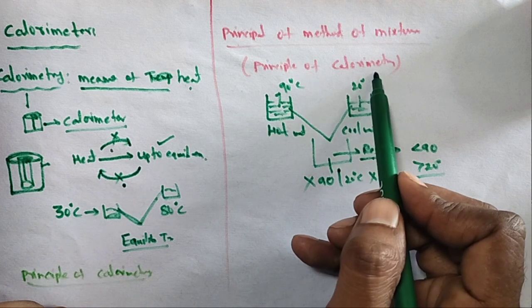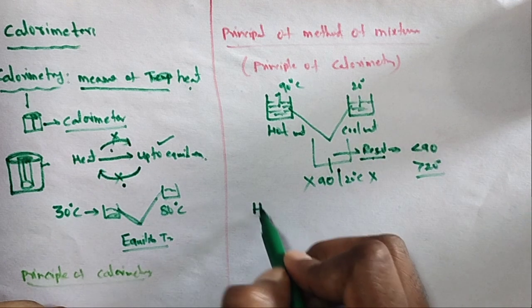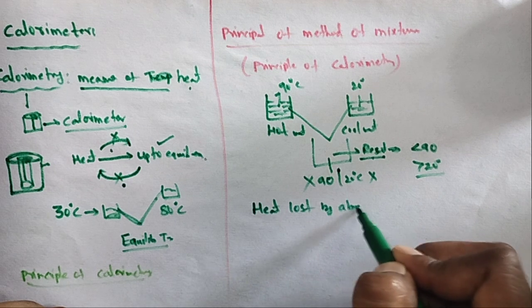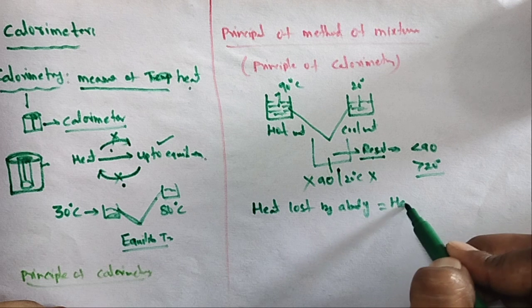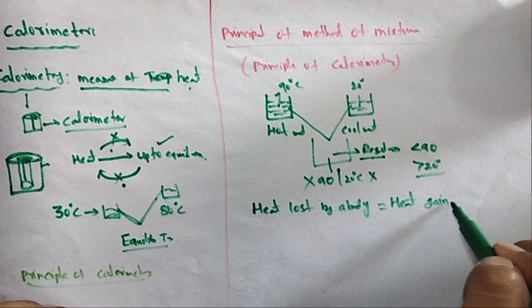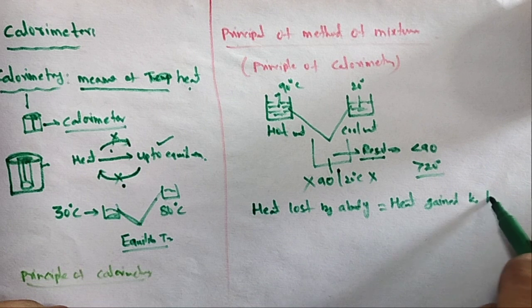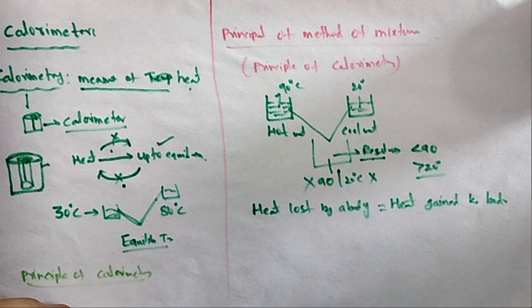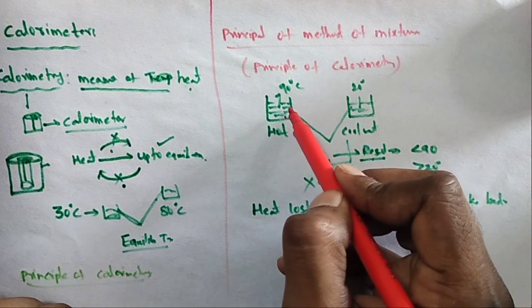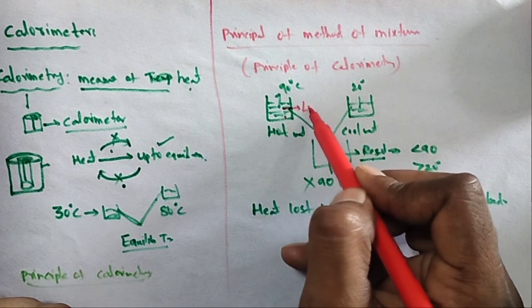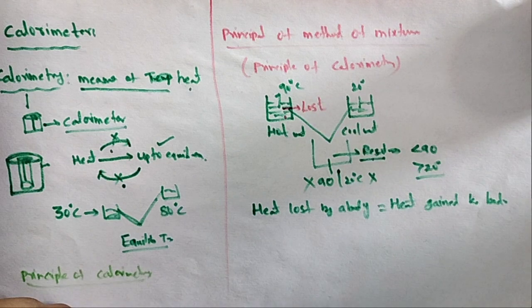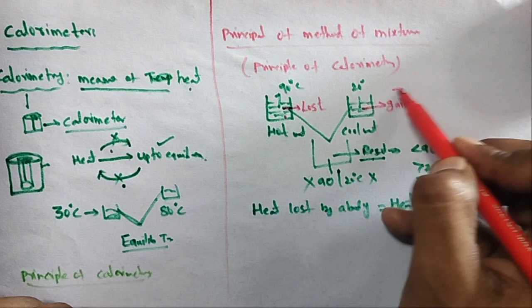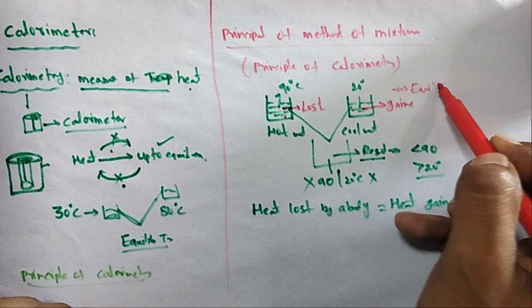According to the principle of calorimetry, the heat lost by a body is equal to the heat gained by a body. Hot bodies or hot liquids lose heat, and cold bodies gain heat until they reach the equilibrium temperature.